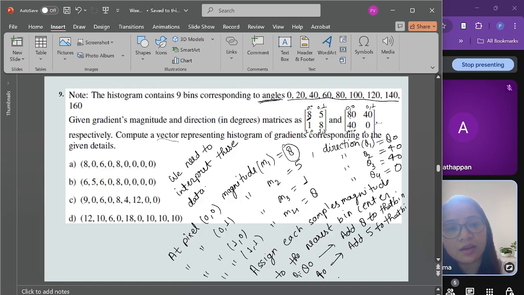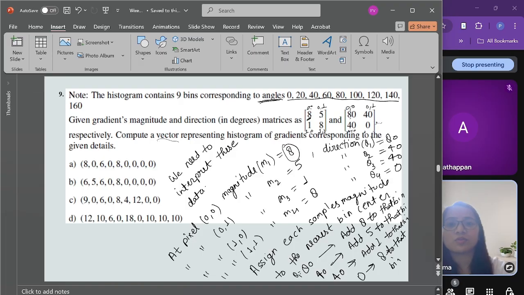Next, the angle is 40 again, so add 5 and also add 1 to that bin. And when angle 0 comes, the corresponding magnitude is 8, so at angle 0 we have to add 8 to that bin.